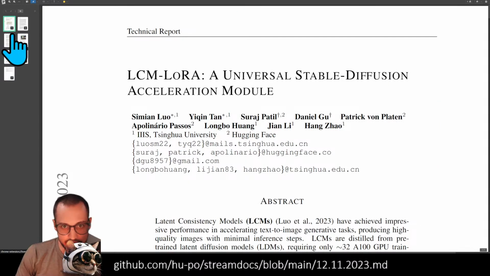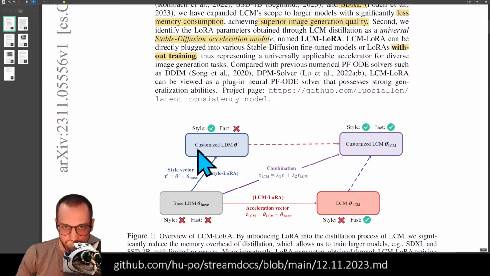But the other cool thing about this paper is that they realize you can actually combine this with other LoRas, right? The LCM LoRa is the LoRa specifically for this latent consistency model. And here, the theta base, you could think of as the parameters of this latent diffusion model.